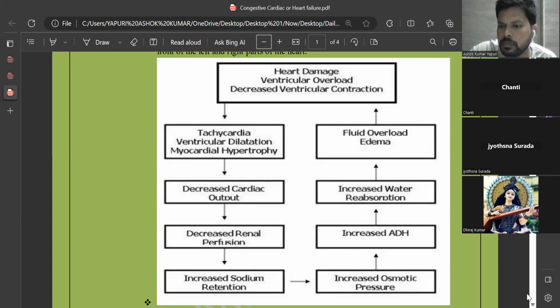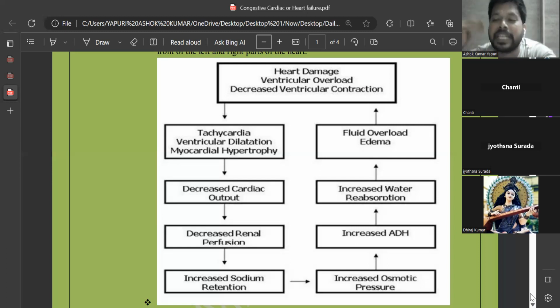Sir, the renin-angiotensin system also activates. Yes, thank you. If anything is there, we will discuss it at the end of the class. Yes, you are correct. There is a renin-angiotensin-aldosterone system. As you know, the renin-angiotensin-aldosterone system regulates blood pressure in the body.